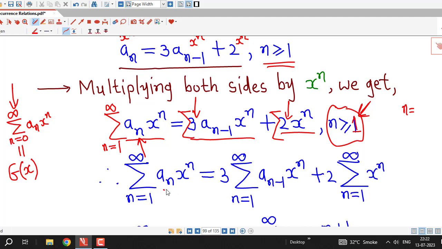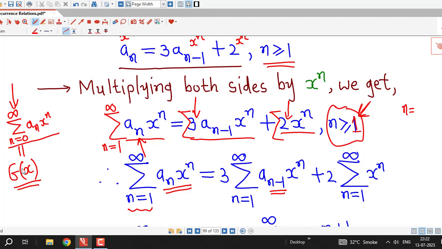So here I have sigma a_n x^n, but this is starting from n equal to 1. Similarly here I have x^n, but this is not a_n, it is a_{n-1}. So I have to rewrite all these things in such a way that I obtain sigma a_n x^n in the equation, and then that can be replaced by the generating function g of x.